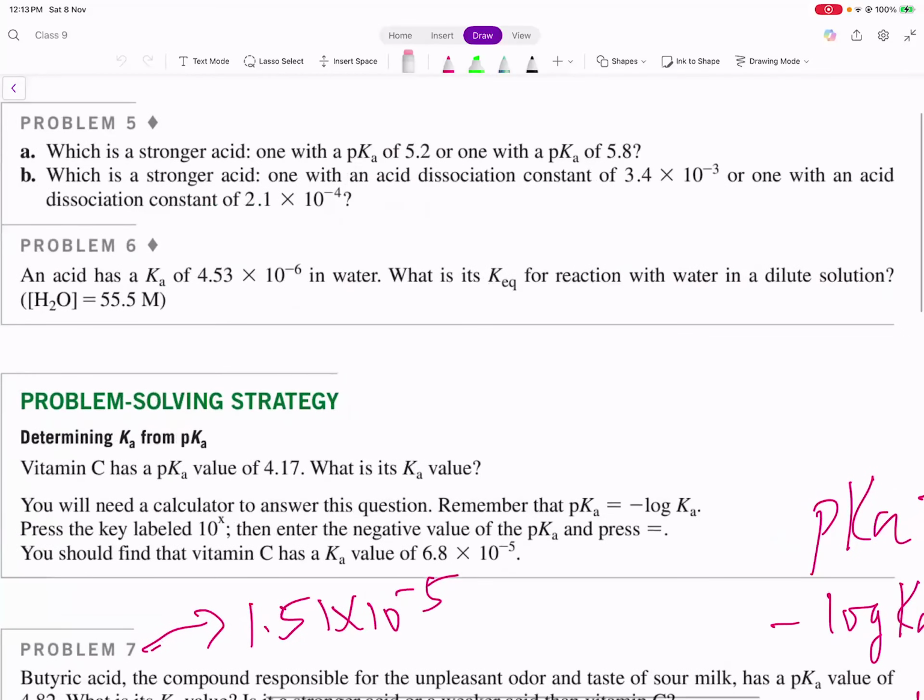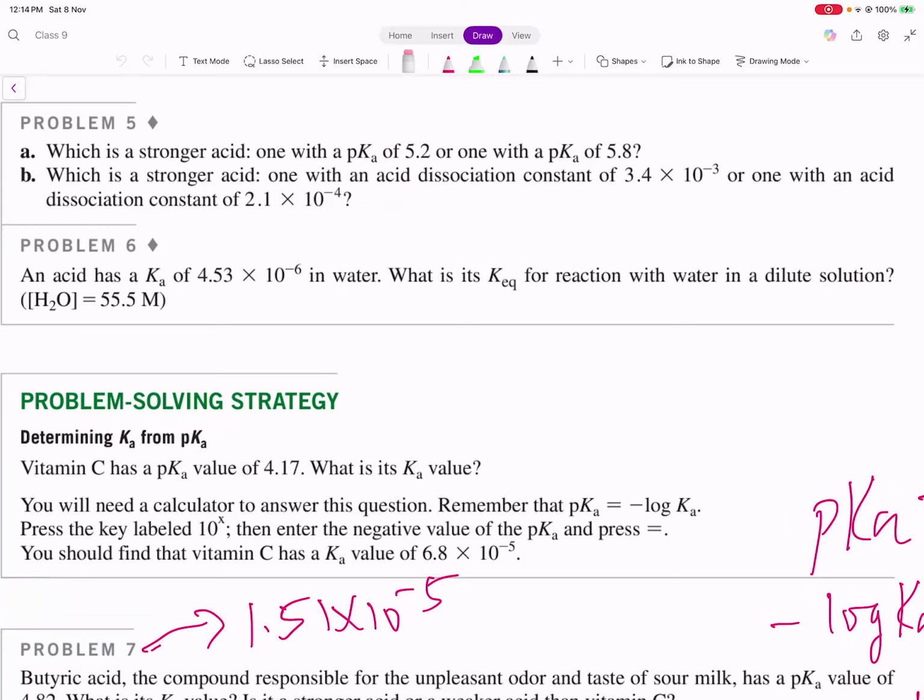And problem B: which is the stronger acid, one with the K of this or one with that? The greater the value of K, the equilibrium constant, the stronger the acid. So whatever has the larger value is going to win as the acid. That is also fairly clear.